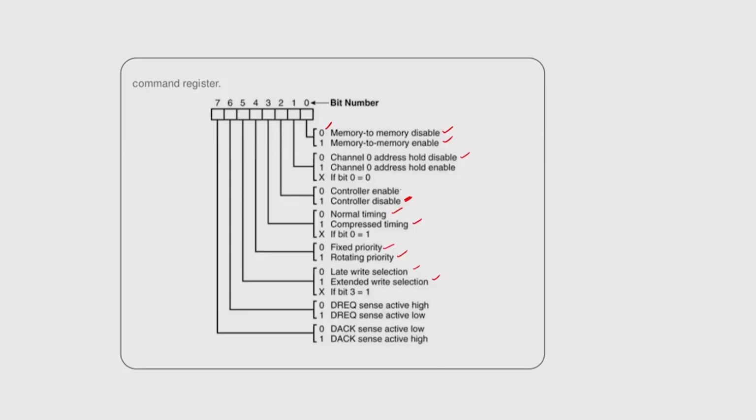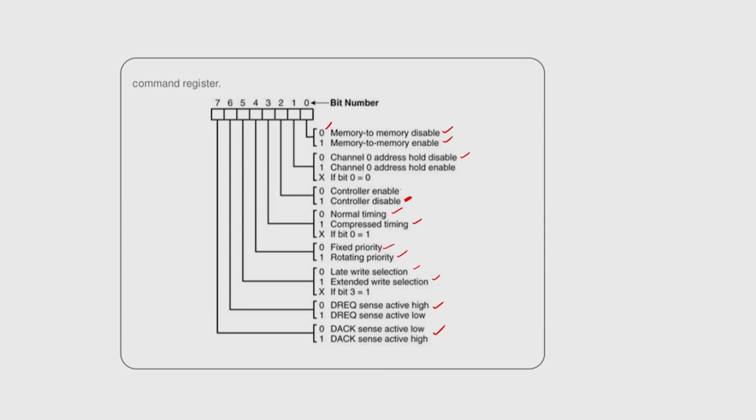If it is late, you have to select the late write. This depends upon the specifications of the peripheral that we are going to connect. Then we have DREQ and DACK, which can be either active high or active low. This is up to you. So, we can program the level of the DMA request and DMA acknowledge signals. So, this is the format of the command register.